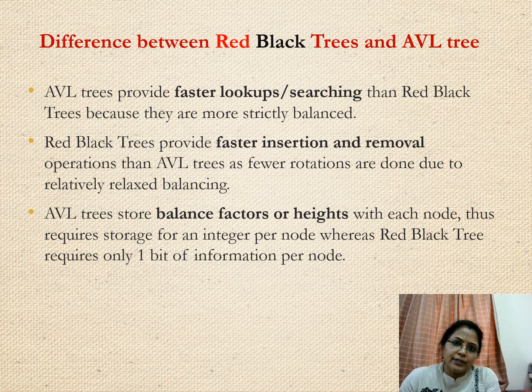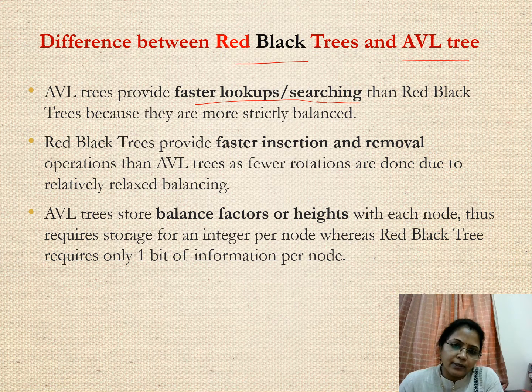Therefore we are using the red-black trees. Now the difference between the red-black tree and the AVL tree, because previously we have studied the AVL tree and now we are moving towards the red-black tree. The AVL tree provides faster lookups, so searching is quite good in AVL trees as compared to the red-black trees. And red-black trees provide faster insertion and removal.